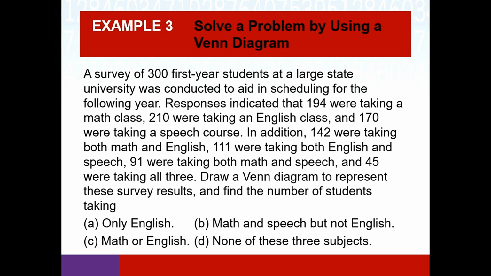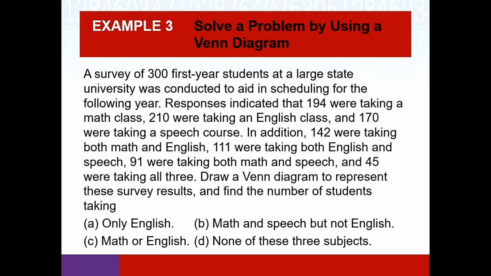In addition, 142 were taking both math and English, 111 were taking both English and speech, 91 were taking both math and speech, and 45 were taking all three. Now, draw a Venn diagram to represent these survey results and find the number of students taking A. Only English, B. Math and speech but not English, C. Math or English, and D. None of these three subjects.